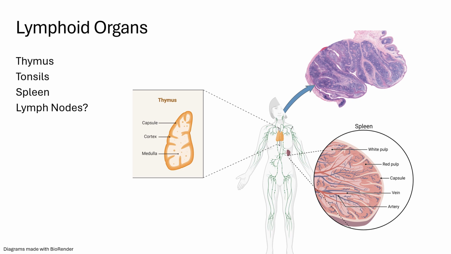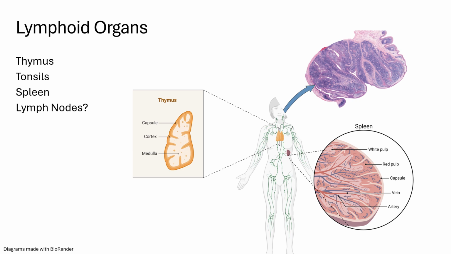We had lymphatic capillaries, we have lymphatic vessels, we have lymph nodes, and there are three specialized lymphoid organs. The thymus, easily mistaken for the thyroid when it's late at night and I'm trying to give this lecture. The thymus actually lies above the heart, inferior to the neck and the thyroid gland.